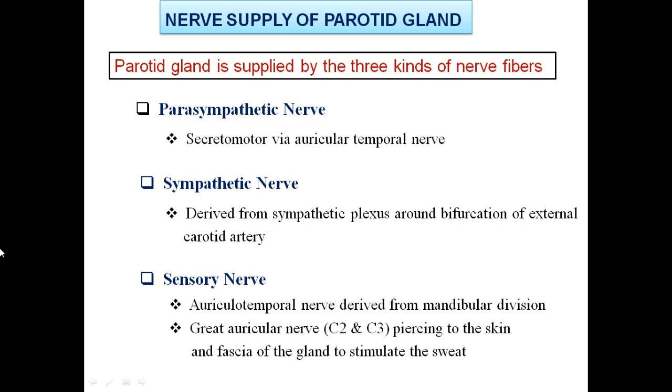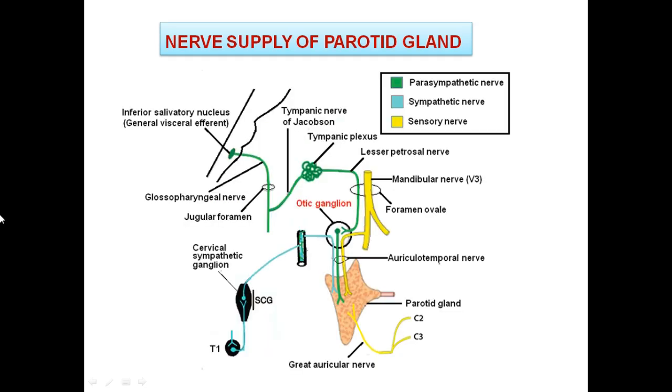The skin and fascia of the gland are supplied by the great auricular nerve. And this schematic diagram will give the exact information of the nerve supply of the gland.